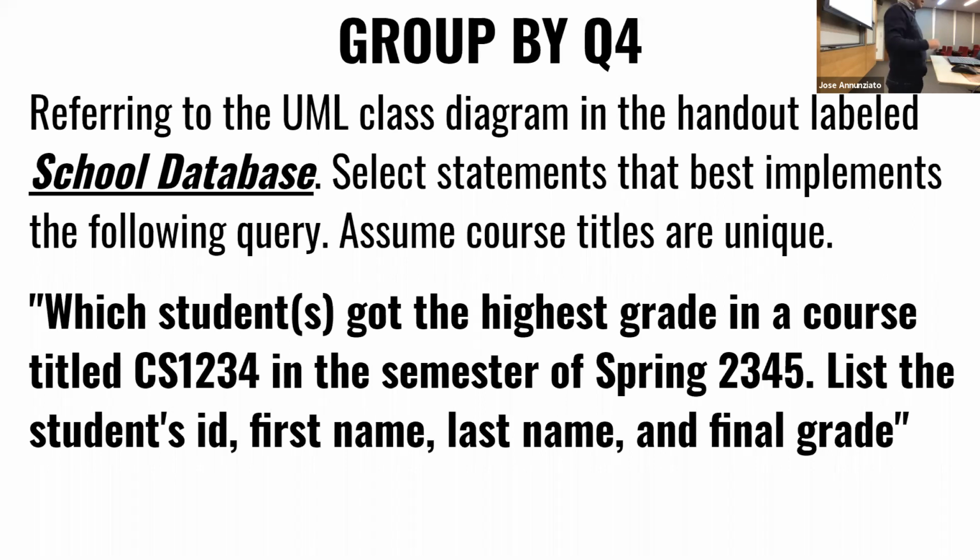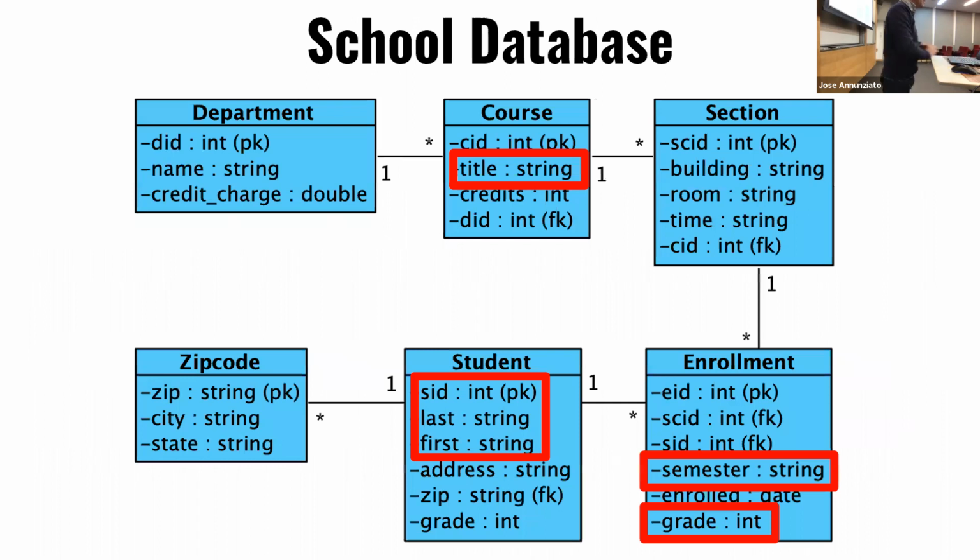And so somewhere there'll be some kind of where clause that says that the title of the course is CS 1234 and that the semester is 2345. The title lives in the course table and the semester lives in the enrollments table, right? Because the only connection between the two is the section, we'll need to join those three tables.